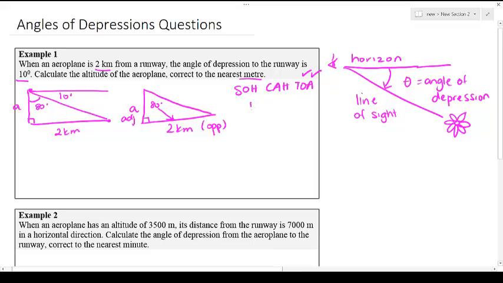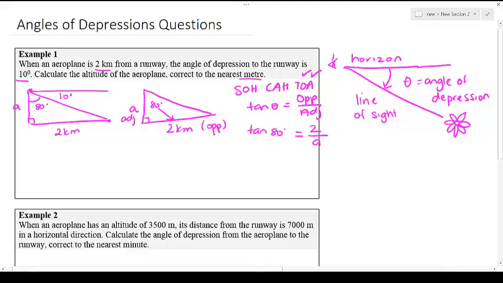TOA stands for tan theta equals opposite over adjacent. Now we're going to substitute our values in. That's going to be tan 80 degrees is equal to 2 on A. So we're solving for A.